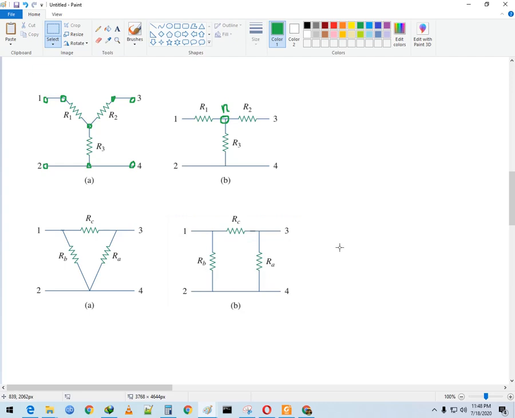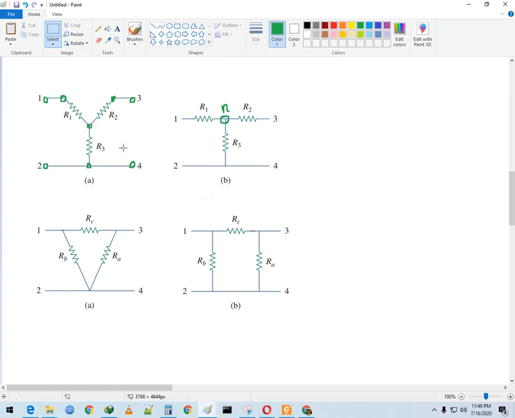Here we have also expressed the delta circuit in terms of terminals. Terminal 1, terminal 2, terminal 3 and terminal 4. Here one common observation is that this delta circuit does not have any neutral point, any common point. It doesn't have any point N. So delta does not have any neutral point, but Y has a neutral point.